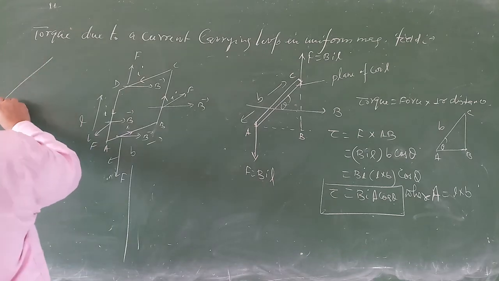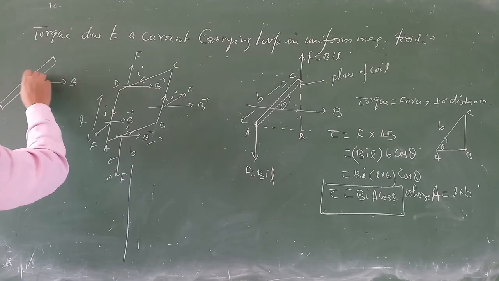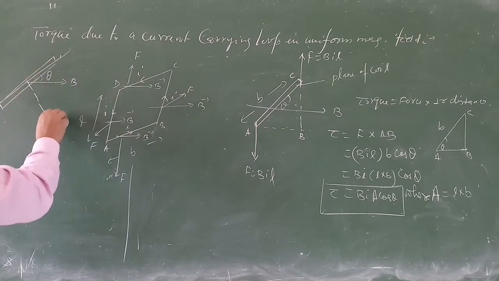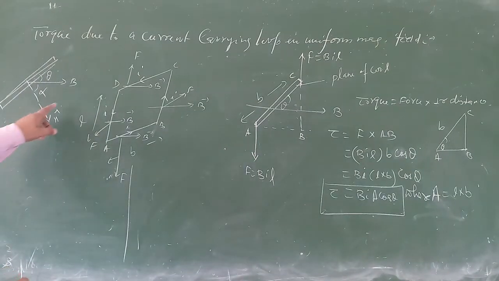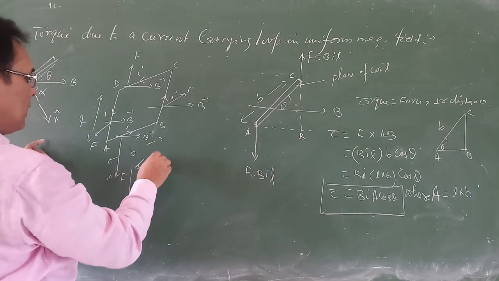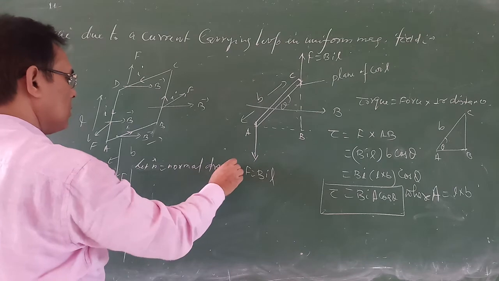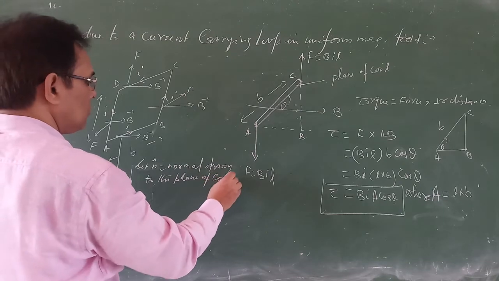This is the plane of the coil, and this is the magnetic field B. Here the plane of the coil makes an angle theta, and N cap is the normal drawn to the plane of the coil, which makes an angle alpha with the magnetic field.